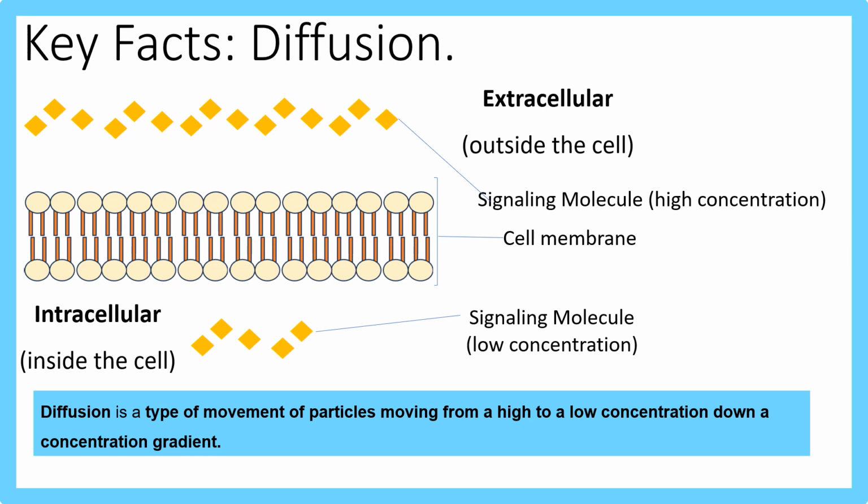Now, if we go past the cell membrane and inside the cell, you can see that there's a few there. So when there's a few signaling molecules, we say that there's low concentration. So what happens is the area outside has lots more signaling molecules, so that is what moves or diffuses through the plasma membrane inside of the cell. And a concentration gradient is the difference between 2 concentrations.